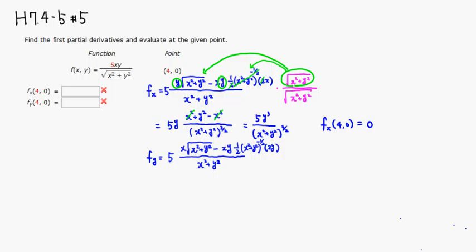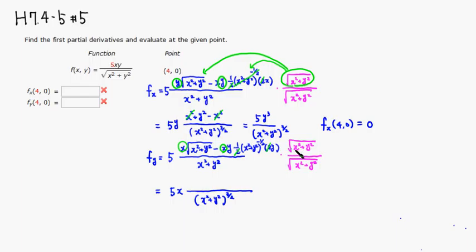Then clean up in the same way, so the 2s cancel out, and then we can multiply top and bottom by the square root of x squared plus y squared. So you will get, let's say x is in common, so we can put 5x in front, and the denominator is the same as before, the quantity x squared plus y squared raised to the 3/2 power.